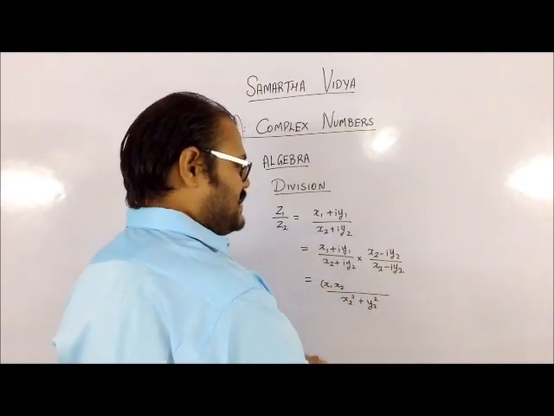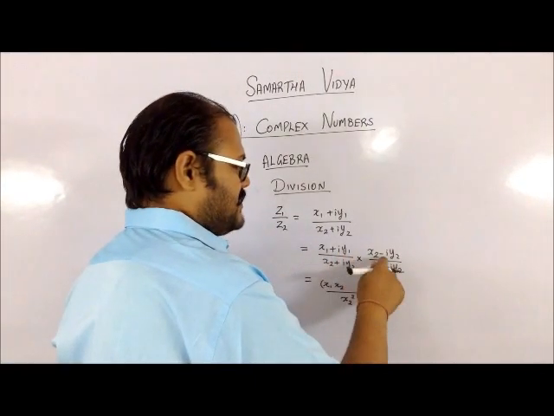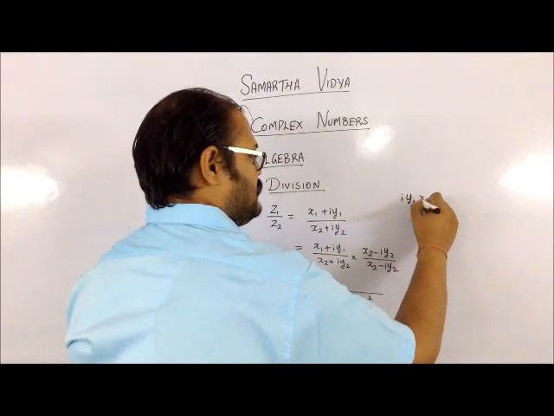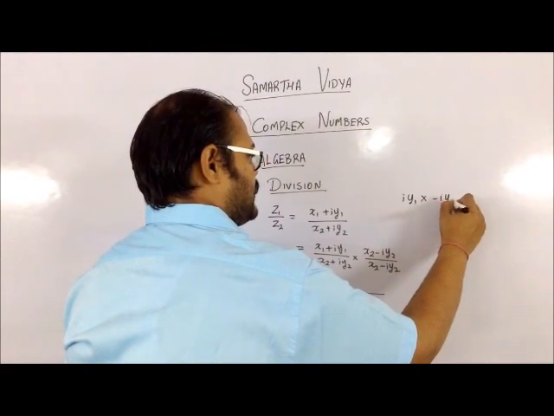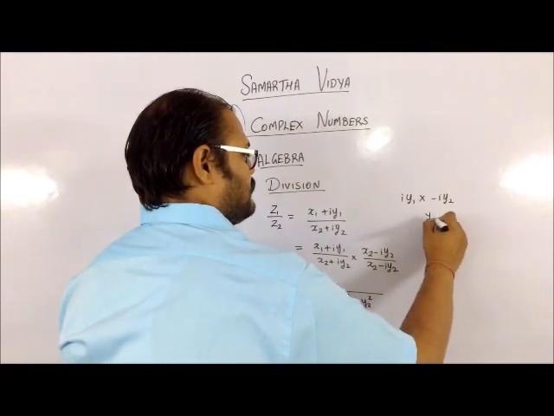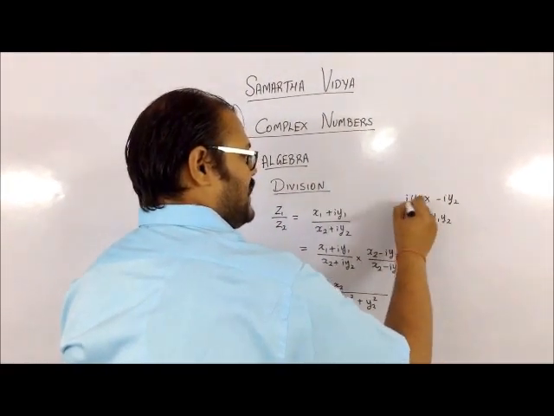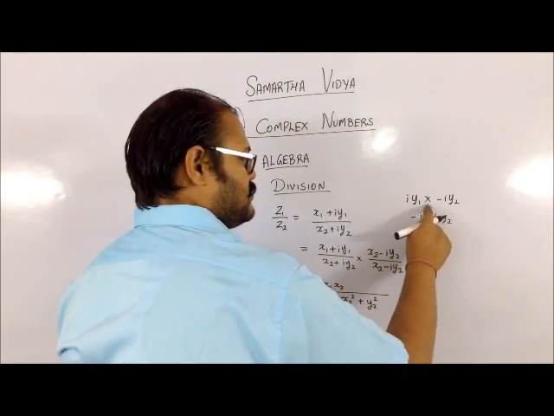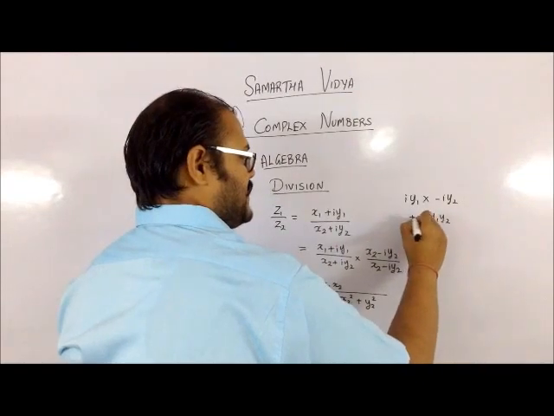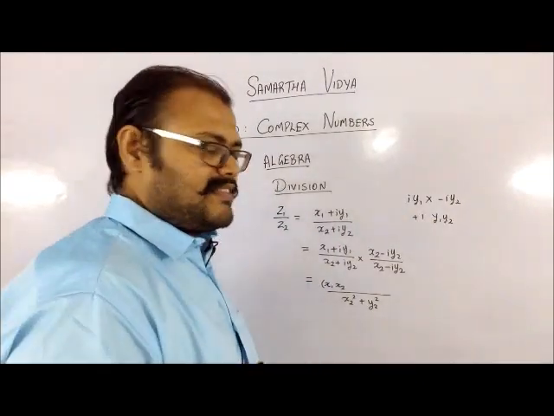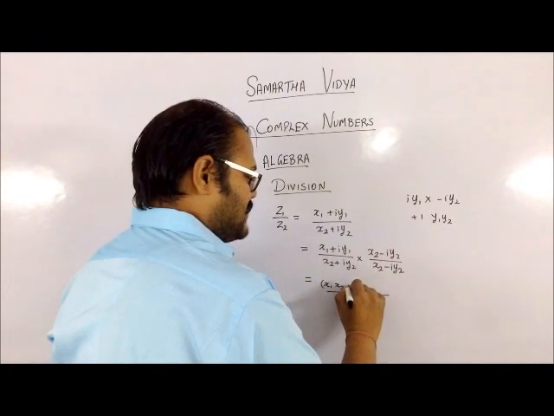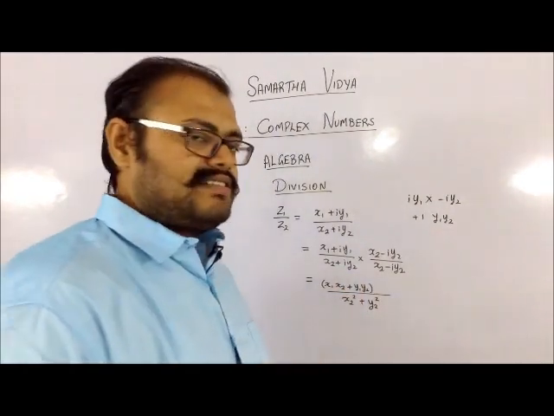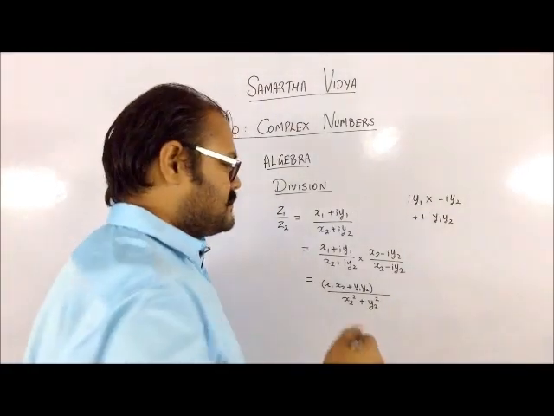To get the other real part, it is going to be i y1 into minus i y2, so that is y1 into y2, and i becomes i square with the minus sign. i square is minus 1, so that becomes a plus. That is why this becomes y1 y2 with a plus sign and not a negative sign over here.